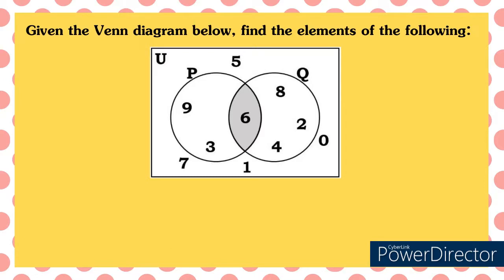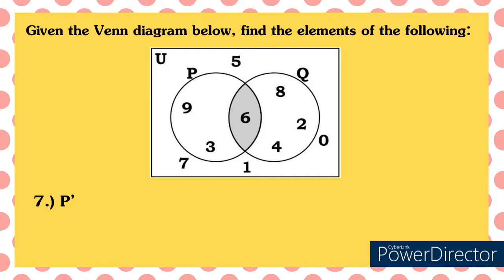Okay, last, we have the complement of set P. We are going to find this complement of set P. So, lahat po ng belong kay set P na elements 3, 6, 9 ay hindi po natin sila isasama. So, ano lang po ang sasama nating elements?